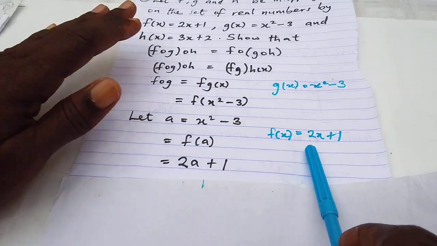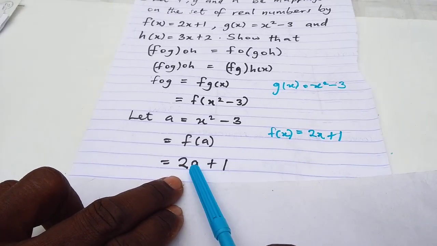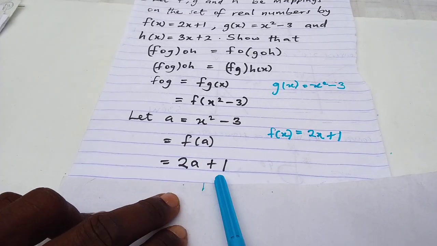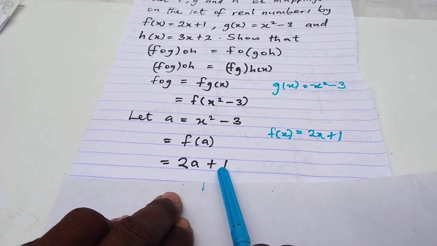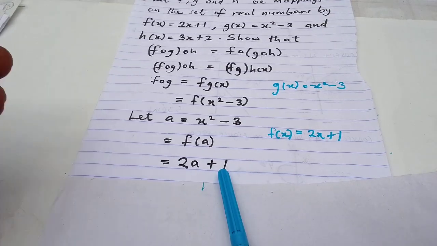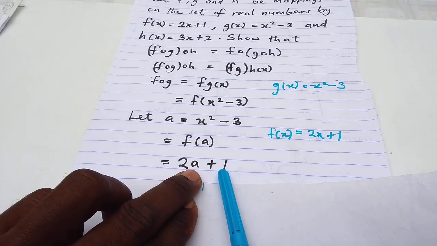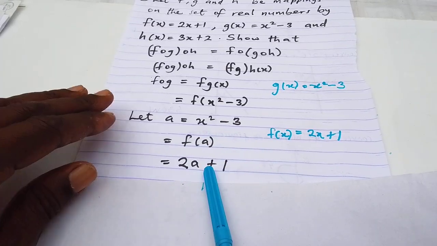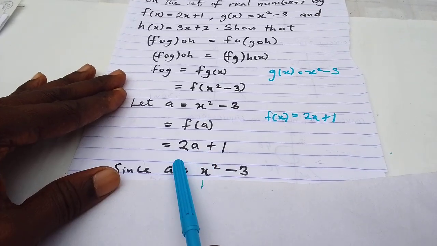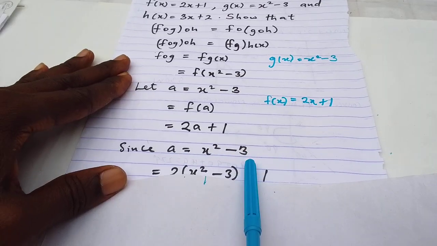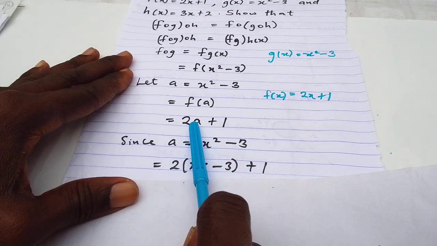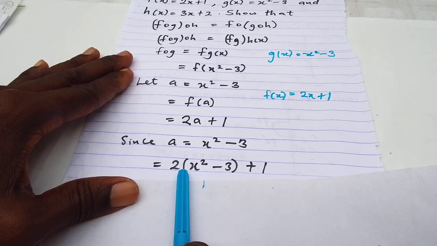So instead of writing x, now put a. Now you are having 2a plus 1. Since you said that your value for a is x squared minus 3, let's substitute the value for a into this.